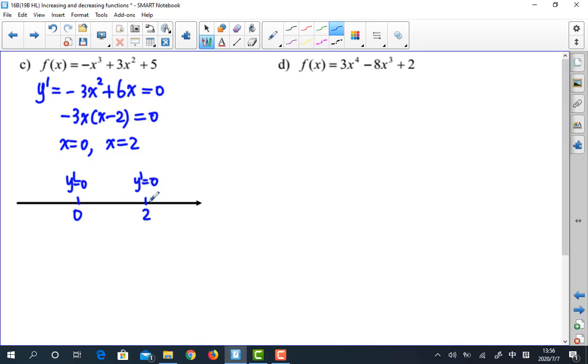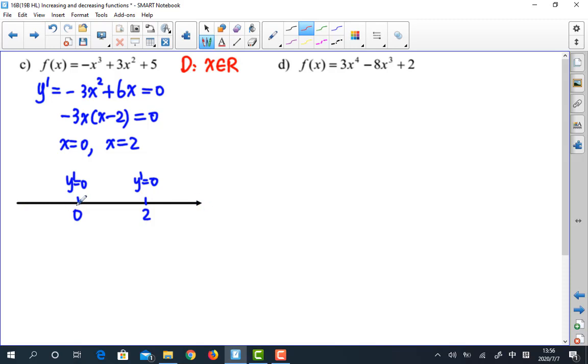But these 2 points chunk the real number system into 3 intervals. Why did I say the real number system? Because this function should have the real number system as its domain. So the domain should be x can be all real numbers, from negative infinity to positive infinity.